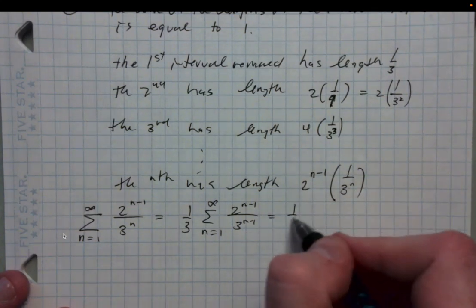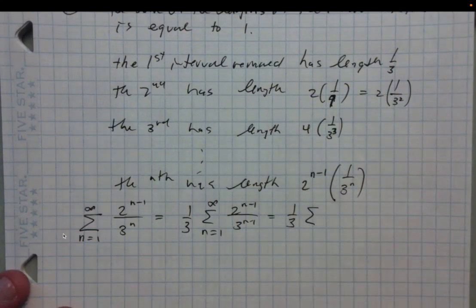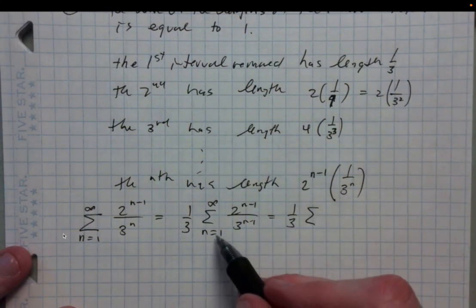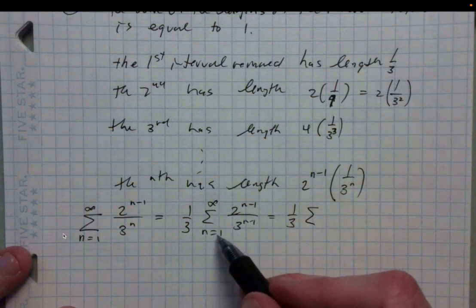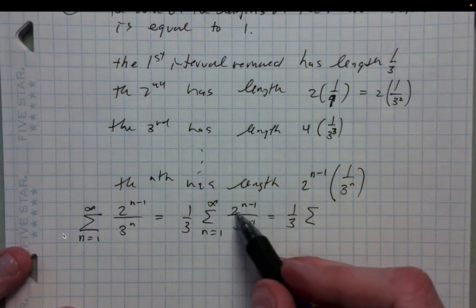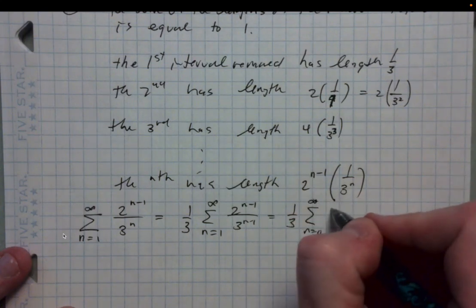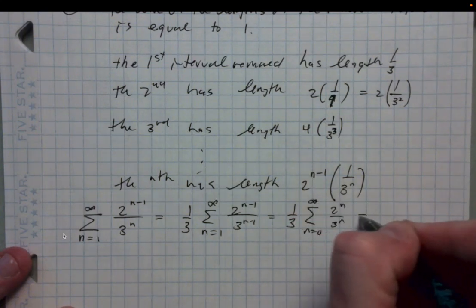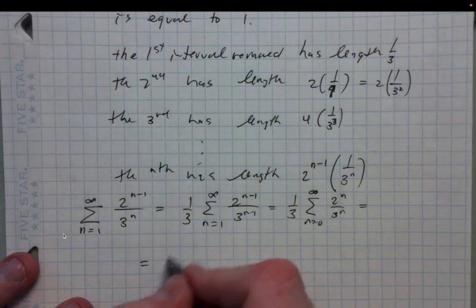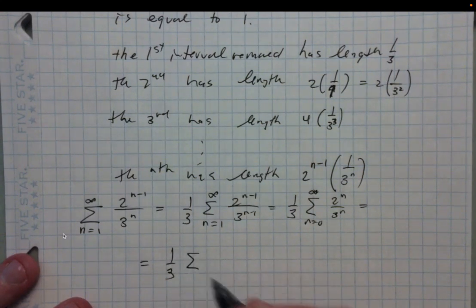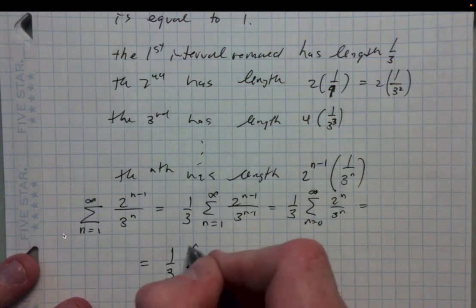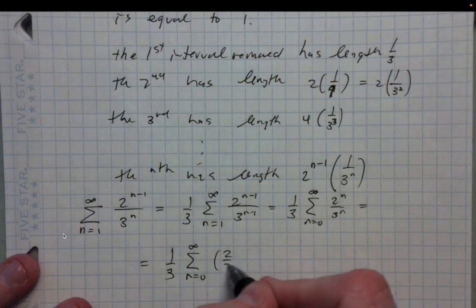And so I could write that as 1/3 times the sum, and I'm going to index this a little differently so that I can make this 2 to the n over 3 to the n. So I'm going to say n equals 0 up to infinity of 2 to the n over 3 to the n. And so then, of course, that's 1/3 times the sum from n equals 0 to infinity of 2/3 to the n.